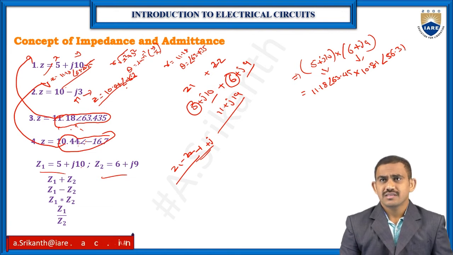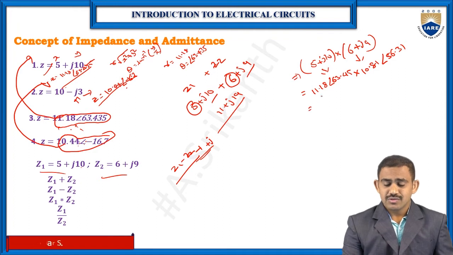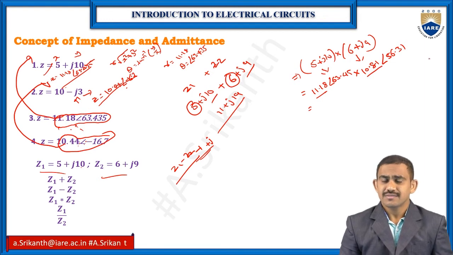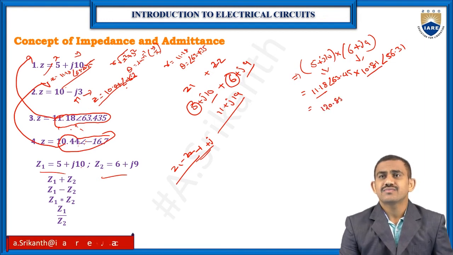Okay, so this is polar form now. So it's simple now. Multiply 11.18 and 10.81. You will get 120.85.